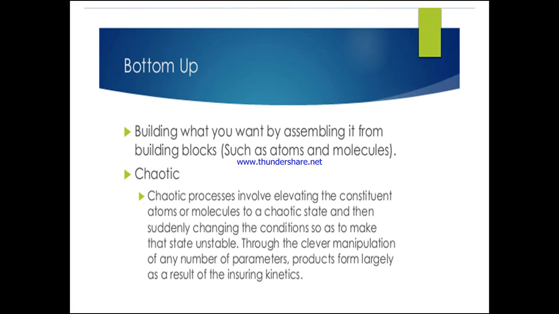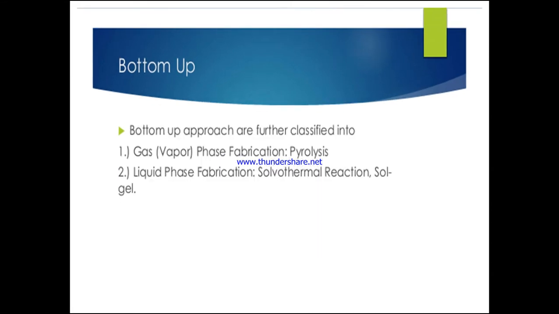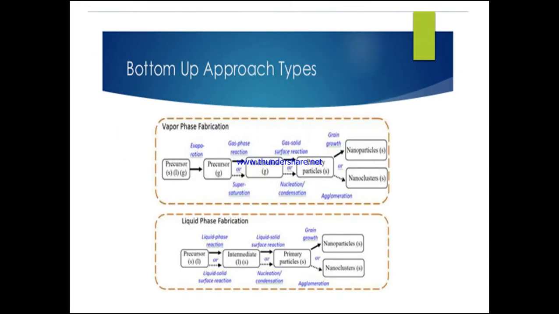In the same way, we have seen the bottom-up approaches. In the bottom-up approach, we have two types: one is vapor phase formation and the other is liquid phase formation. In vapor phase formation, the precursor is the starting material for the synthesis of the nanomaterials.